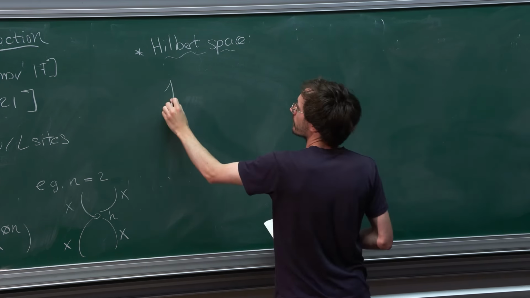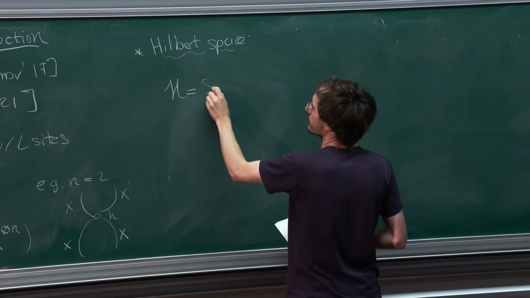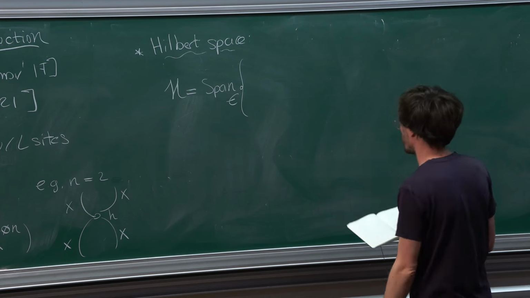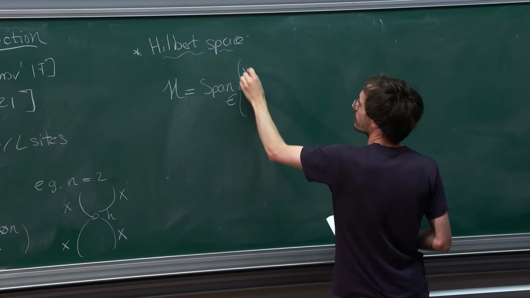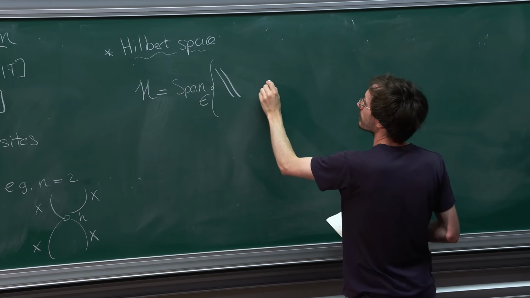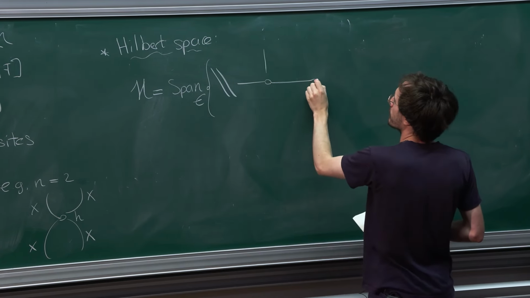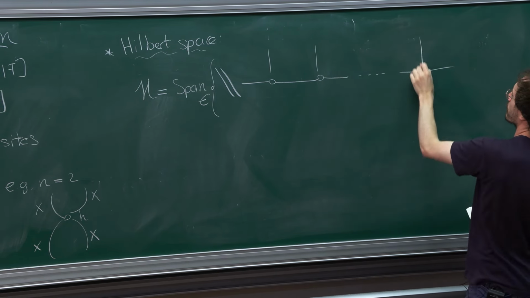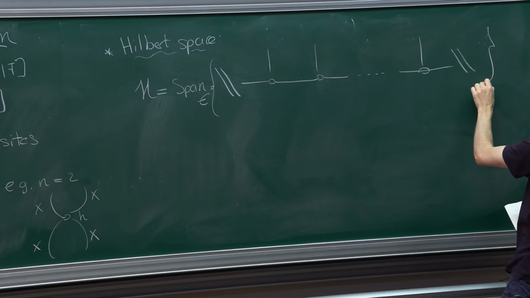Concretely, it's going to be spanned by objects of this form. I'm working with a closed, periodic boundary condition, so I'm using this symbol to represent that. Okay, so this is what my diagrams look like.